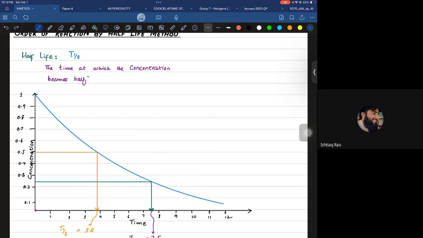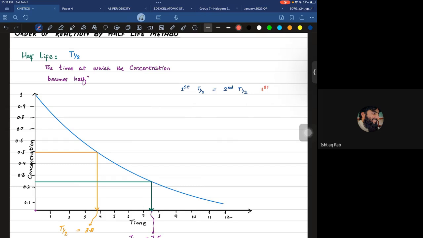So let me write it down. If the first half-life is equal to the second half-life, that would be your first order reaction. Okay.